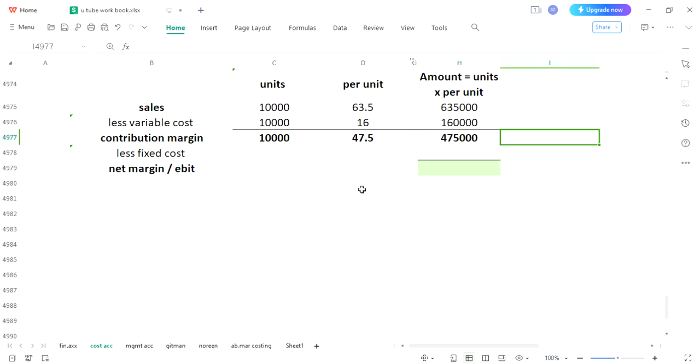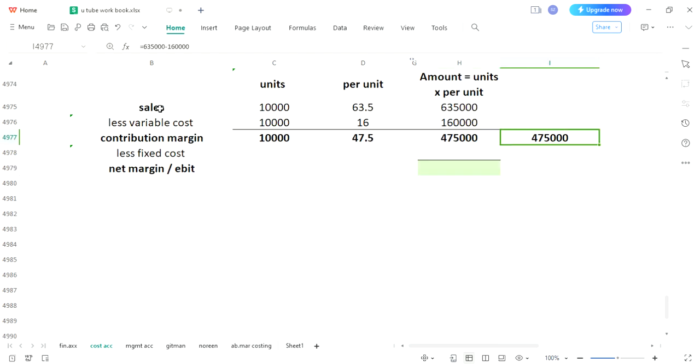The other way to calculate this contribution margin is simply you will subtract your variable cost from sales. Amount of sales 6,35,000, and you need to subtract your variable cost, which is 1,60,000. So in this way you have got again your contribution margin 4,75,000.